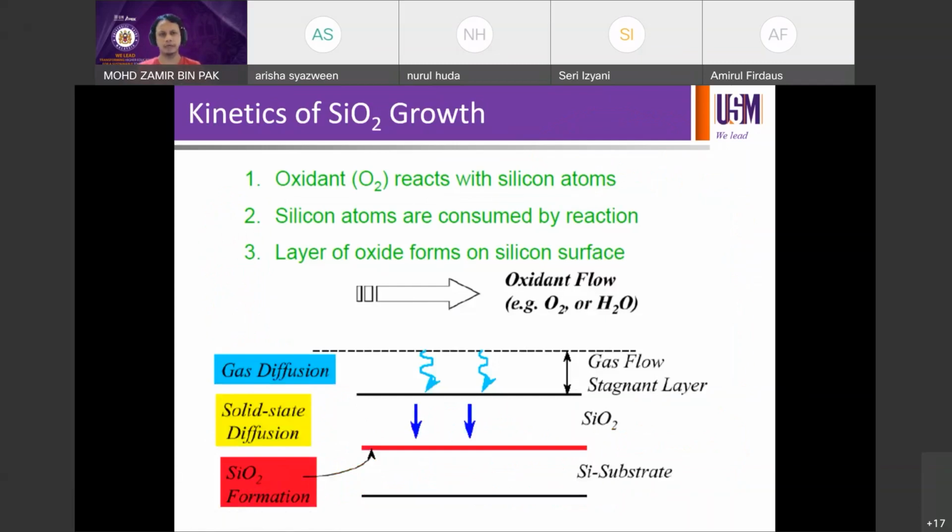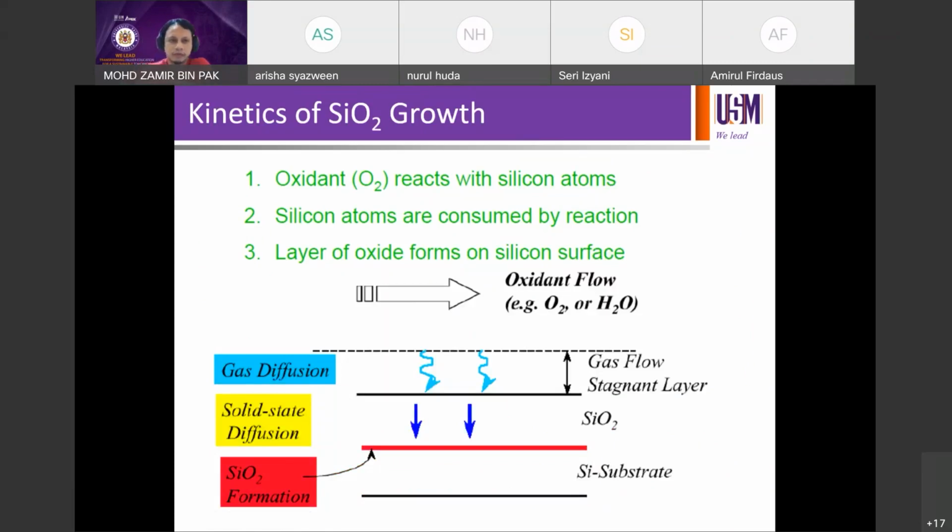Right, next, we're going to look at the kinetics of silicon dioxide growth. What is actually happening during the growth process? There are mainly 3 steps involved. The first one is that the oxidant, either water vapor or dry oxygen, reacts with the silicon atoms on the surface of the silicon wafers.